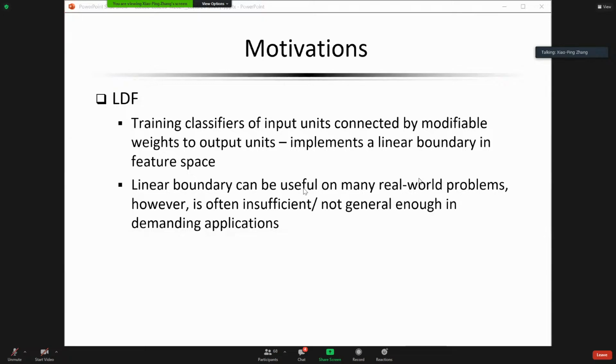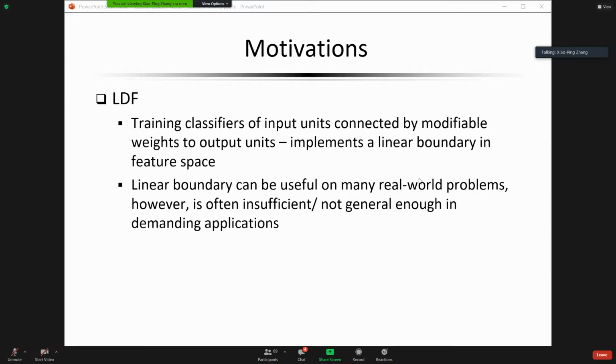So the way to do the LDF is we assume the form of the classification boundary is linear, and then we try to modify the weights. That is called training, right?